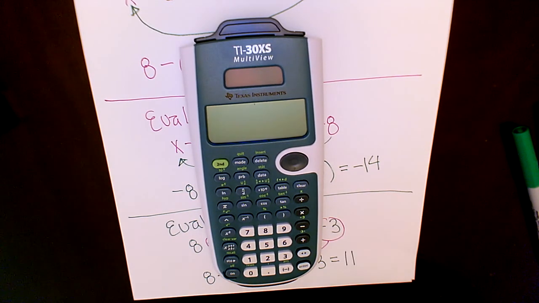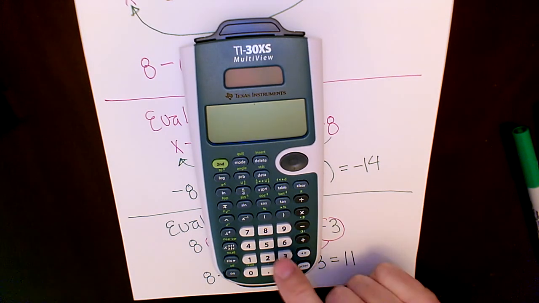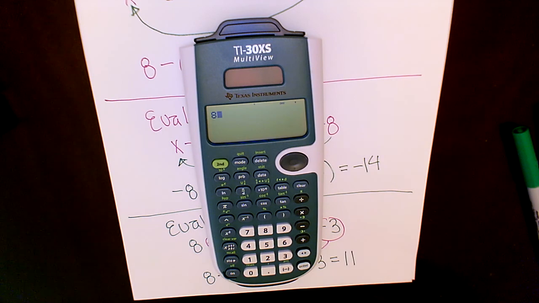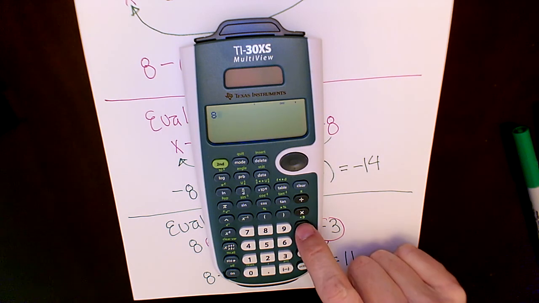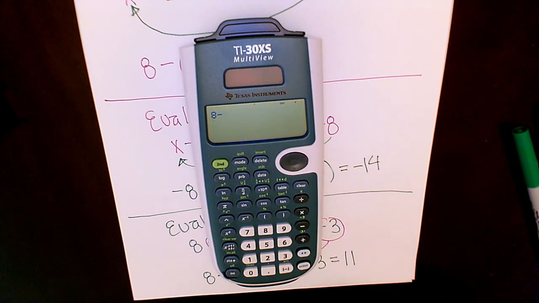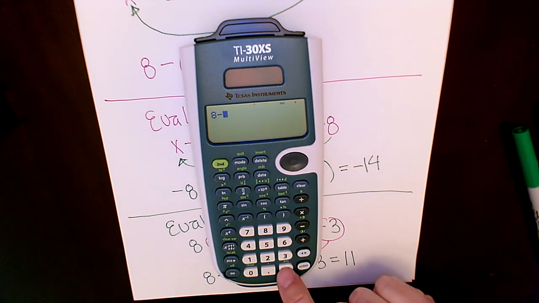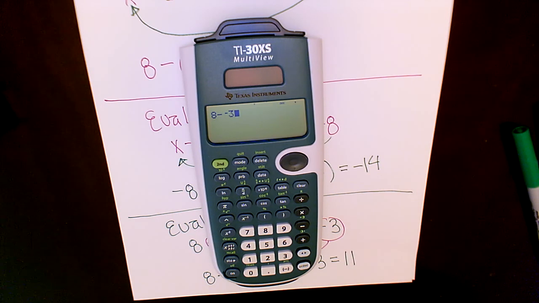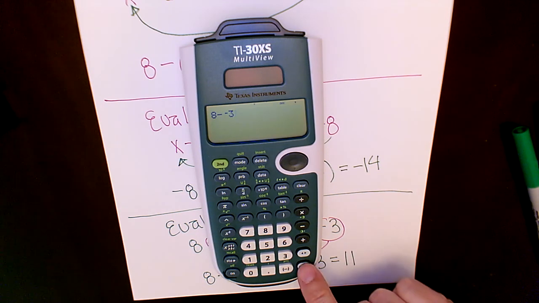Okay, so 8 minus, or subtract, and if you want to put parentheses in, you can, or you don't have to. For people that don't want to put one in, it's a -3, so I need negative, which is next to the enter, 3. Let's see if it's going to take that, and I'm going to press enter.